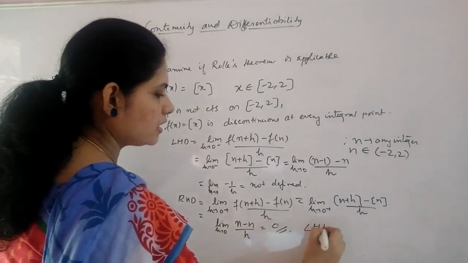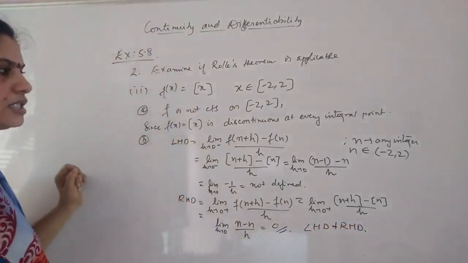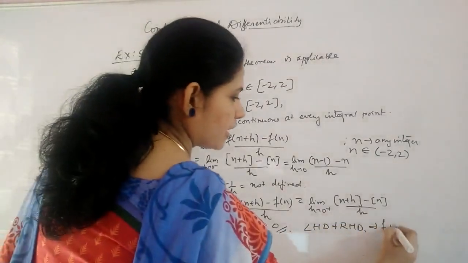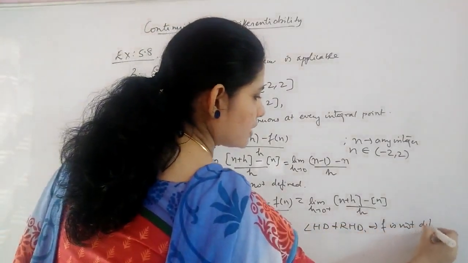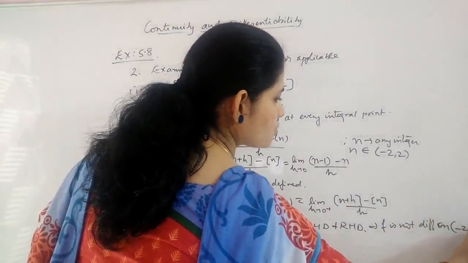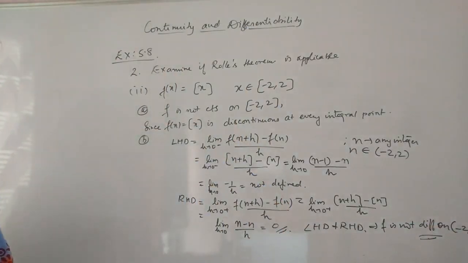So LHD is not equal to RHD. That means the function is not differentiable on open interval minus 2 to 2. So the second condition we have just verified is not satisfied.